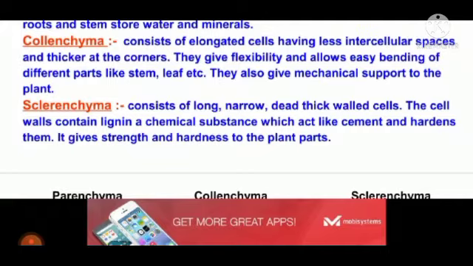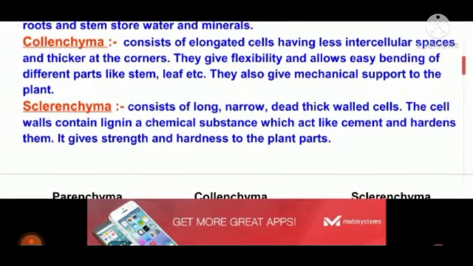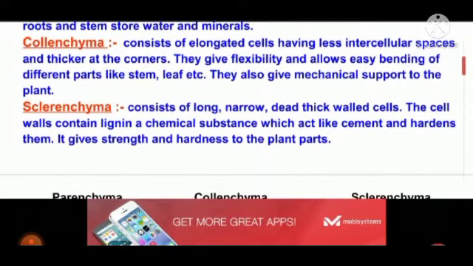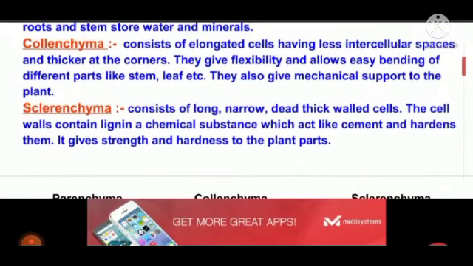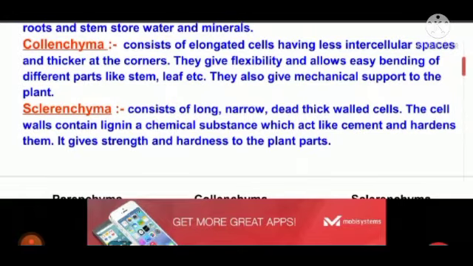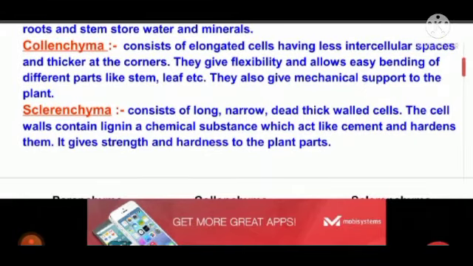They are present in veins of leaves, and the husk of coconut is made up of sclerenchyma fibers. It gives mechanical strength to the plant, and there are two types of sclerenchyma: sclereids or stone cell, or fibers.